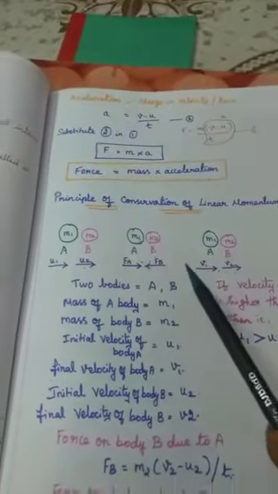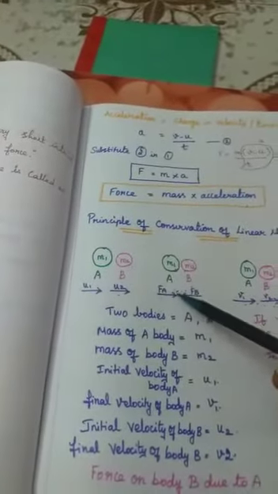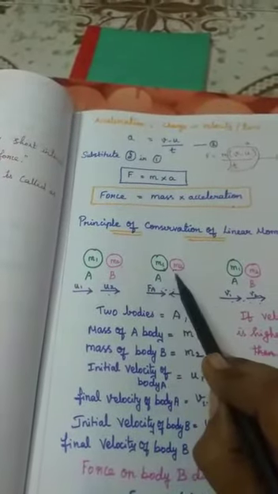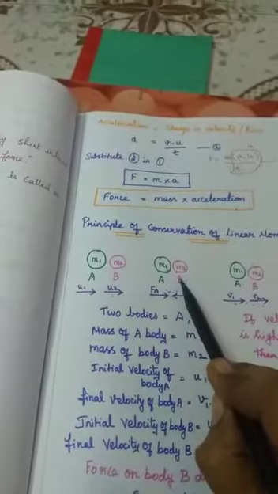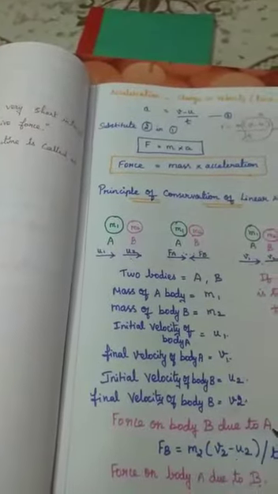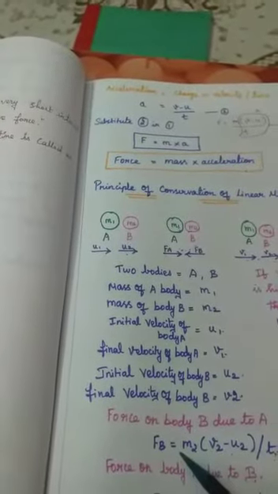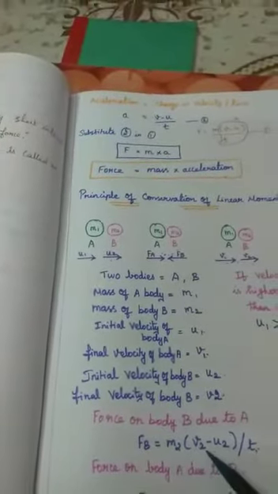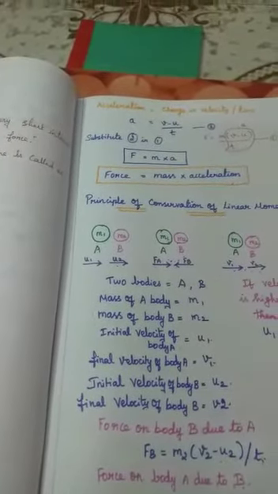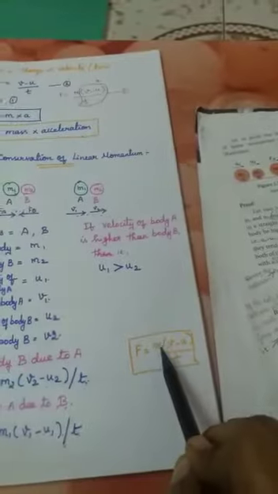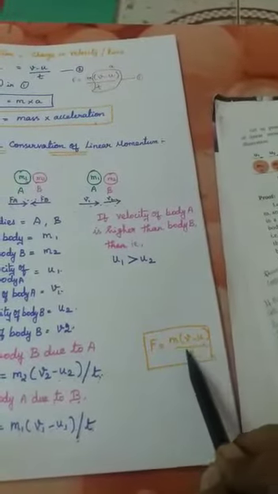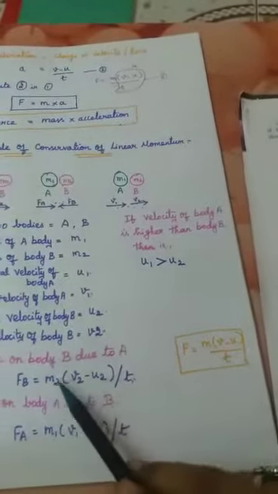If body A collides with body B, it creates a force on body B, that is the force on body B due to the collision of body A. F of B is equal to m2 into v2 minus u2 by t. We already know force is equal to mass into change in velocity by t, that is m into v minus u by t. Here we substitute these equations.